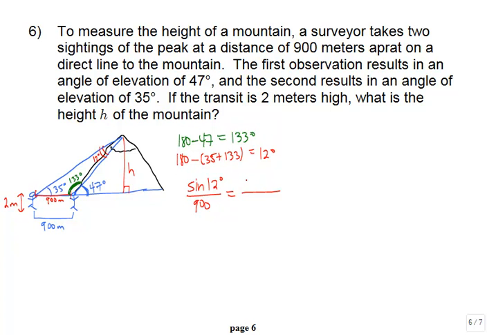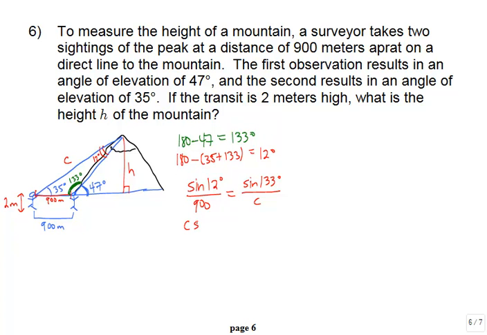So I'm just going to go ahead and use sine of 133 degrees over this side over here. I'm going to call it side C, and let's solve for this side C. Now you might ask, how is this getting me closer to finding h? Well, we're working our way there. We're just trying to find out some more side lengths so that we can eventually narrow it down to figuring out what h is. So let's find out what this side C is, and then we'll go from there.